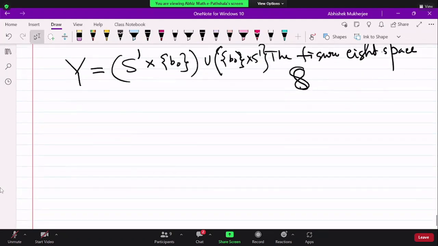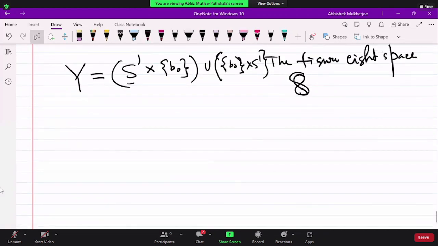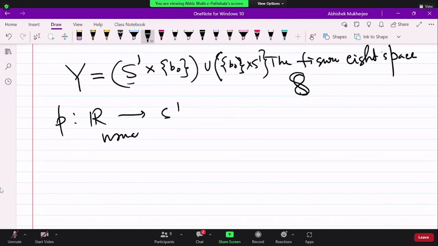Great. So now, with respect to this Y, since here you have made a choice, you are taking S1. So this S1 will be giving the usual covering map, which is P, right?